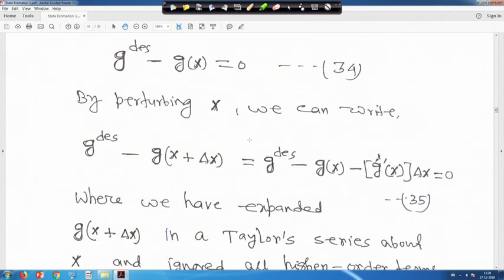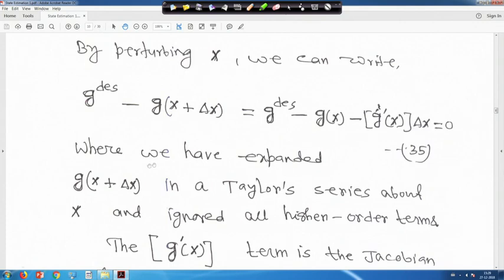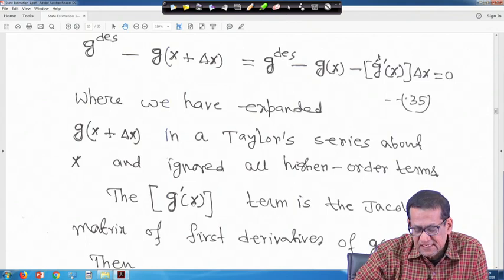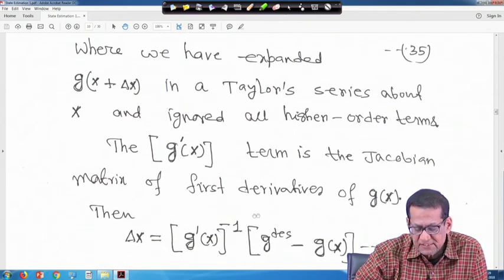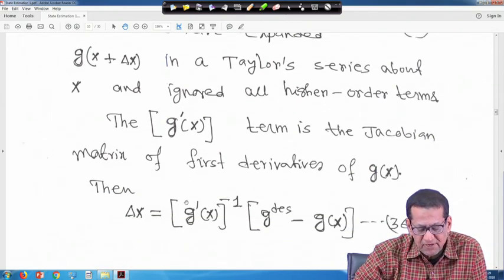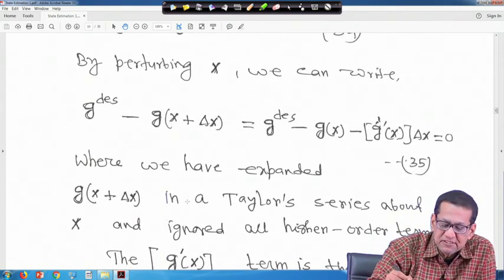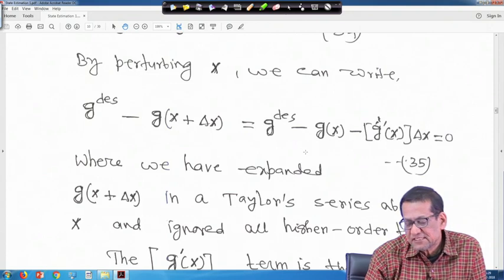We have expanded g(x plus delta x) in a Taylor series about x and ignored all higher order terms. Therefore, the g dash(x) term is the Jacobian matrix of first derivatives of g(x).